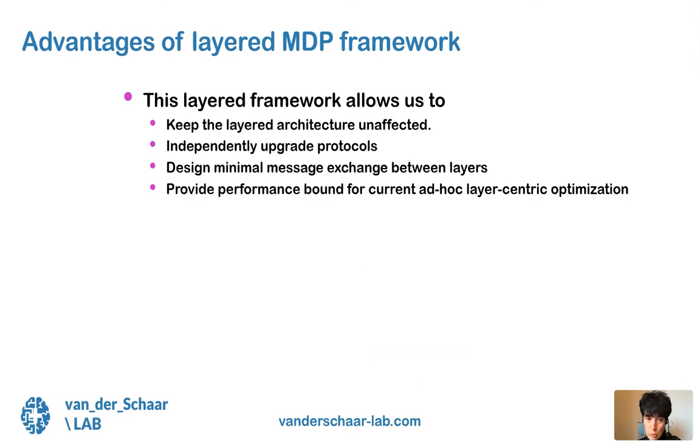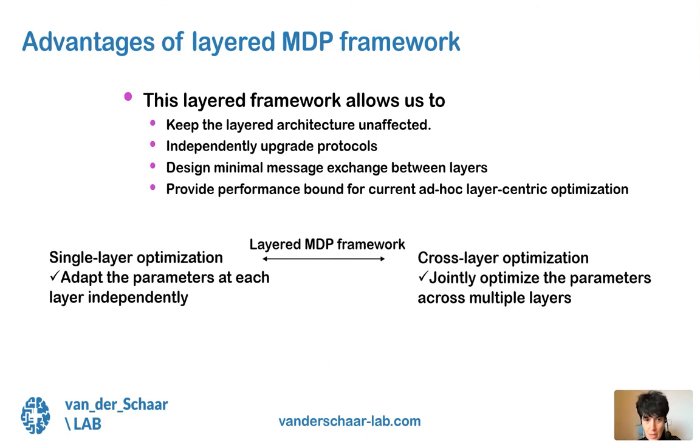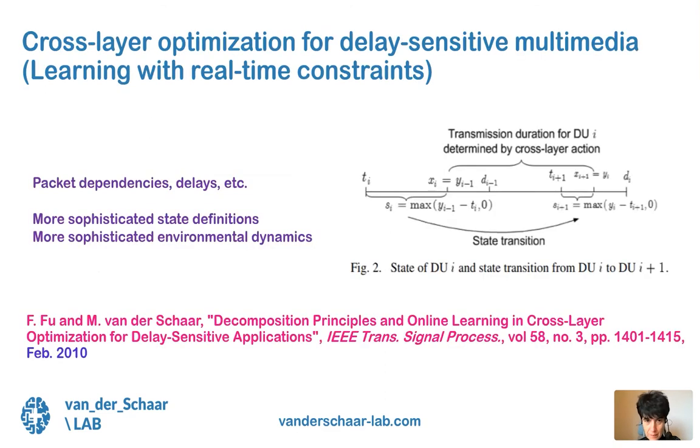So this leads also into minimal message exchange between the layers and significant performance improvements as opposed to ad hoc layer-centric optimization. So this provides a beautiful multi-agent decentralized optimization solution.